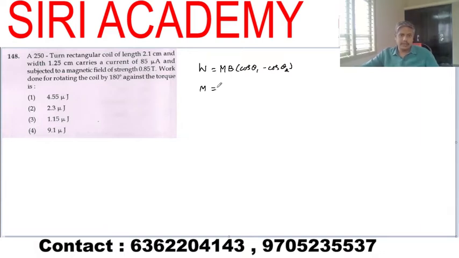So M is equal to I into A, that is equal to, current is given as 85 microampere, 85 into 10 power minus 6, and the area of the coil is 2.1 into 1.25 into 10 power minus 4, and B is given as 0.85 Tesla, and theta 1 is equal to 0 degrees, and theta 2 is equal to 180 degrees.